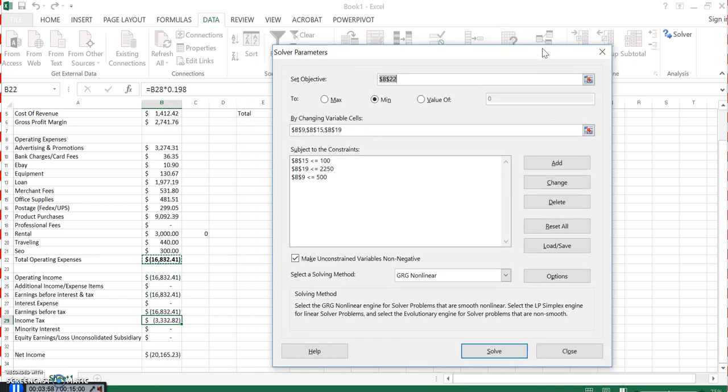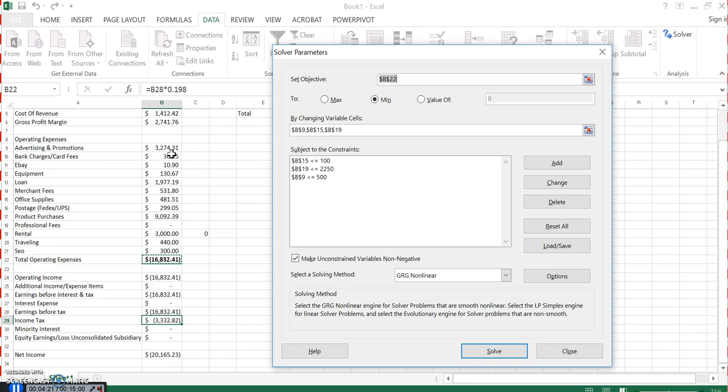The first thing you'll probably notice is that since this income statement is from 2010, the world has changed so much in the past 8 years in terms of marketing and promotion. Immediately this figure sticks out in my mind, this 3274.31.